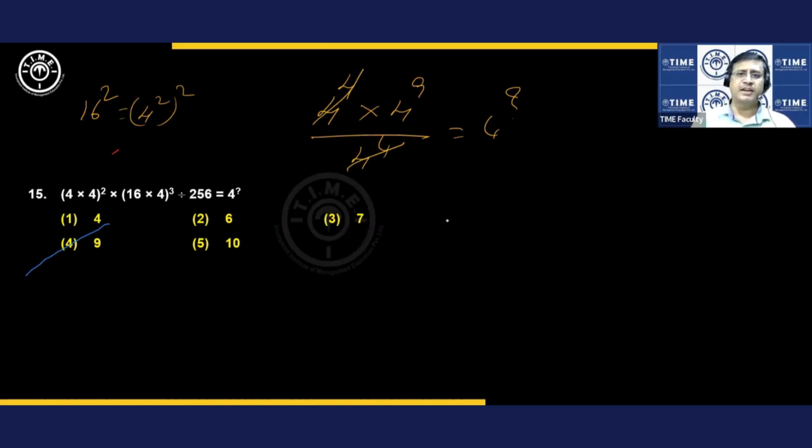Now 4 power question mark is equal to 4 power 9. How much is the value of question mark? That is option number 4. Question mark is equal to 9. Choice 4 is the correct answer.